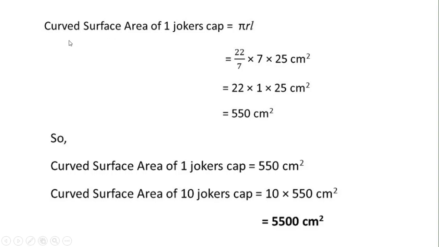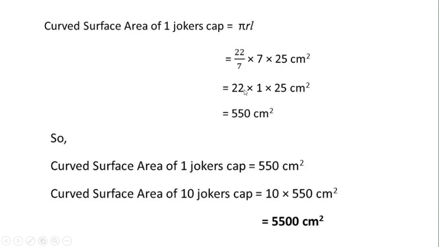So the curved surface area of one joker's cap is pi into r into l, where r is the base radius of the right circular cone and l is the slant height. I am substituting the values simply: 22 by 7 into 7 into L value 25, which we have found out.